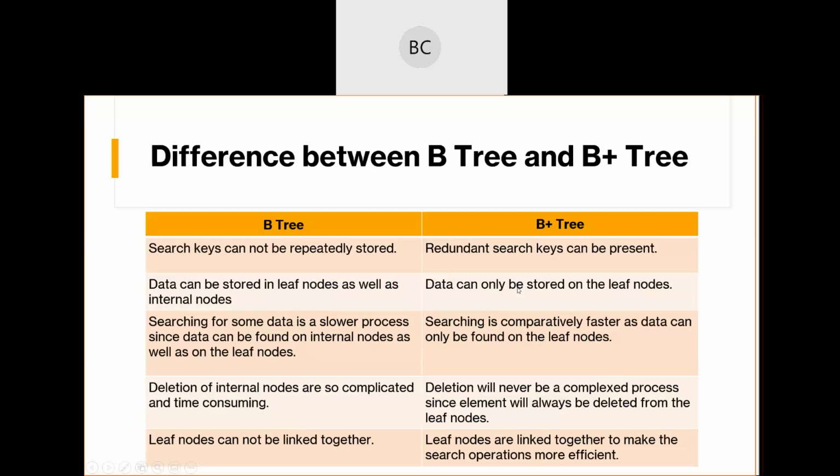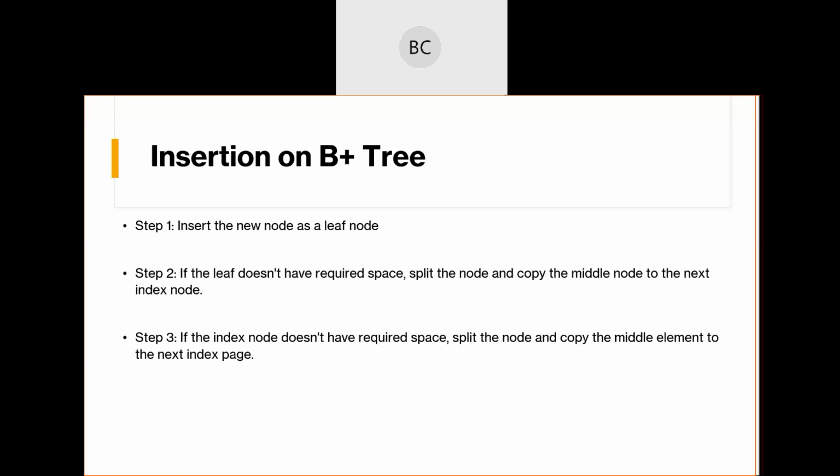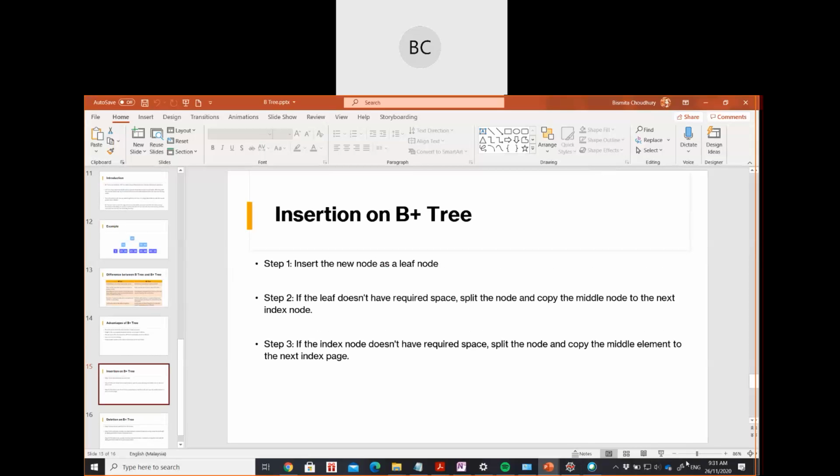So I guess I already explained the difference between B tree and B plus tree. The main advantage, again as I explained in the last class, is fast accessing of data. So let's see the insertion process. It will be easier for you guys to understand.